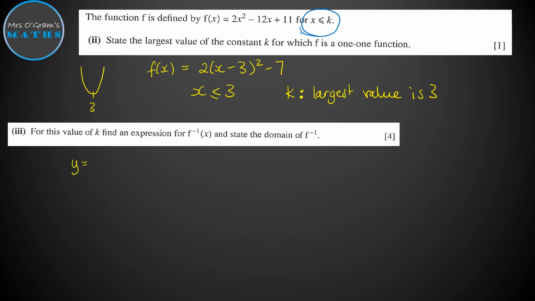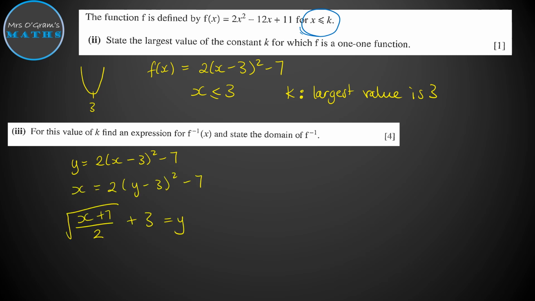So write this out and swap around the x's and the y's and do some rearranging. Once you've done the rearranging, then we're just going to rewrite that. So the inverse function of f of x will be 3 plus the square root of (x plus 7) over 2. And we also need to state what the domain of that is.